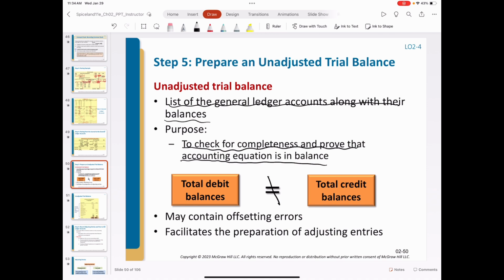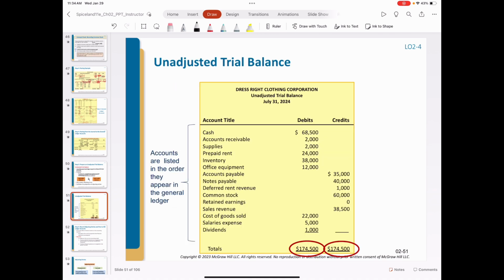Okay, finally, we will have the first trial balance. The trial balance includes, in the first column, accounts. They follow the order in the general ledger. These accounts are balance sheet accounts, followed by these three income statement accounts.